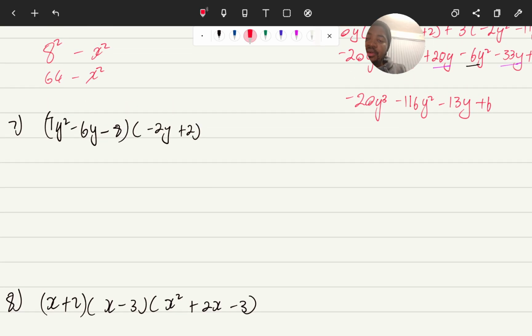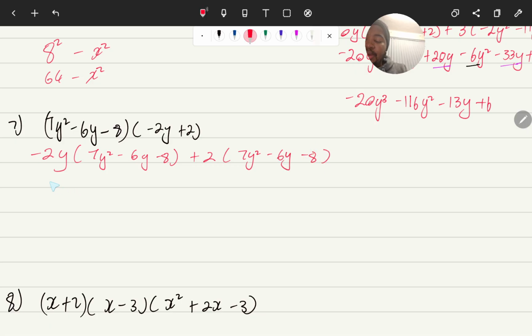Okay, cool. For this one, we don't want to make it long, so I'll say minus 2y into 7y squared minus 6y minus 8, right? Then plus 2 into 7y squared minus 6y minus 8.